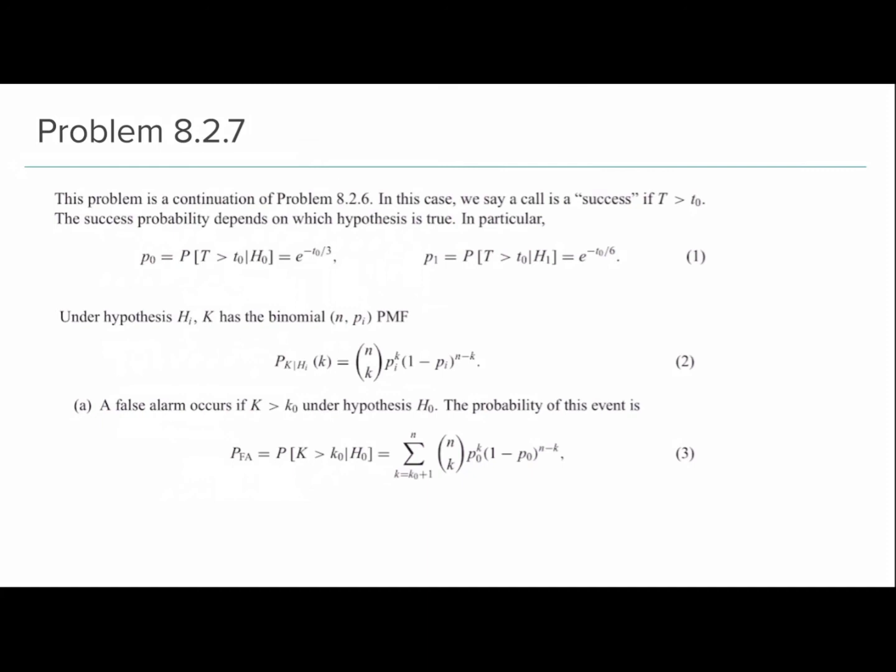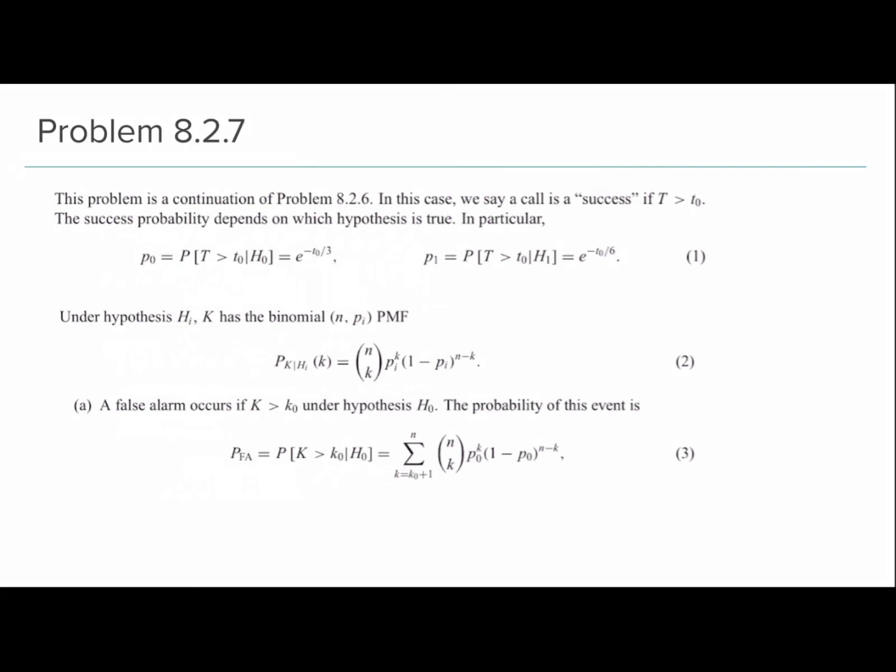Now that we figured out the probability that any call lasts longer than t naught minutes, we can figure out the distribution of K. We have the probability distribution of K conditioned on either of the hypotheses, and any small k calls last longer than t naught minutes. The PMF is P of K given Hi of k equal to n choose k, pi raised to the power k, into 1 minus pi raised to the power n minus k.